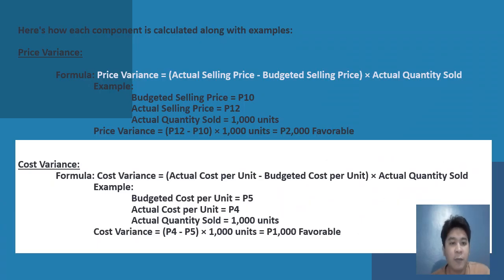Here are some examples on how we are going to compute the price variance and the cost variance. Using the formula, price variance is the actual selling price less the budgeted selling price times the actual quantity sold. And in computing the cost variance, actual cost per unit less the budgeted cost per unit multiplied by the actual quantity sold.